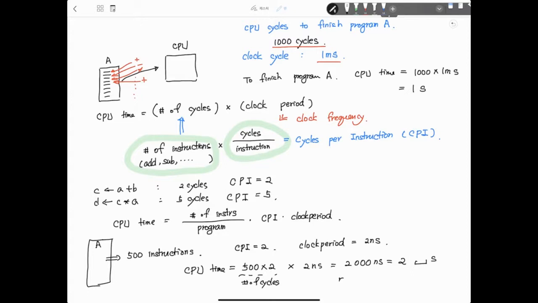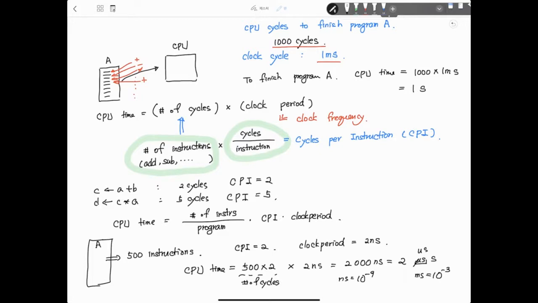Nanosecond is 10 to the minus 9. Millisecond is 10 to the minus 3. What's the 10 to the minus 6? Yeah, microsecond. So µs, or microsecond.